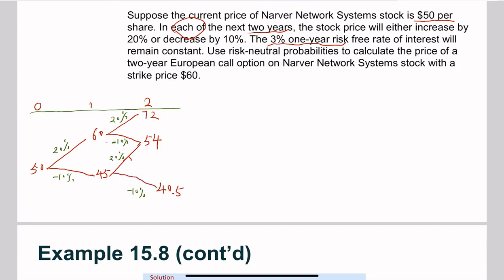And now you want to think about the 2-step process. The first step is about the risk-neutral probabilities. Okay, so let's see how this works. Let's first use these 3 numbers.